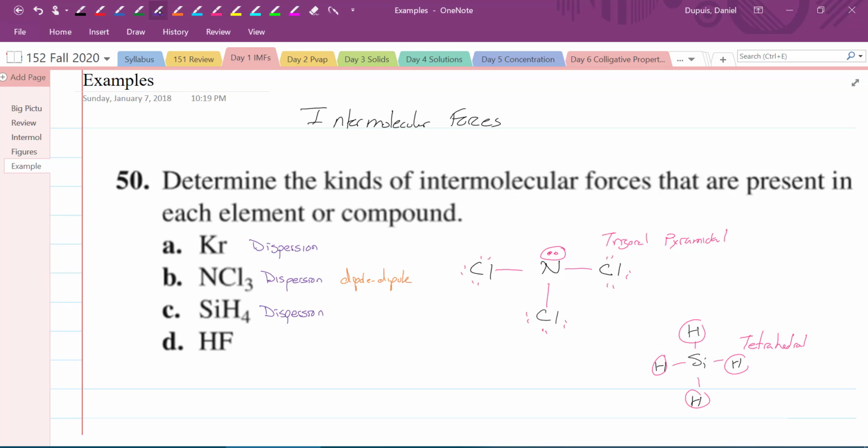Then we've got HF, hydrogen fluoride. If it's aqueous, hydrofluoric acid. Of course, it's a molecule, so it has dispersion. And then we have H and F, right? And F is a top 5. So we have a polar bond, so it's going to be dipole-dipole.